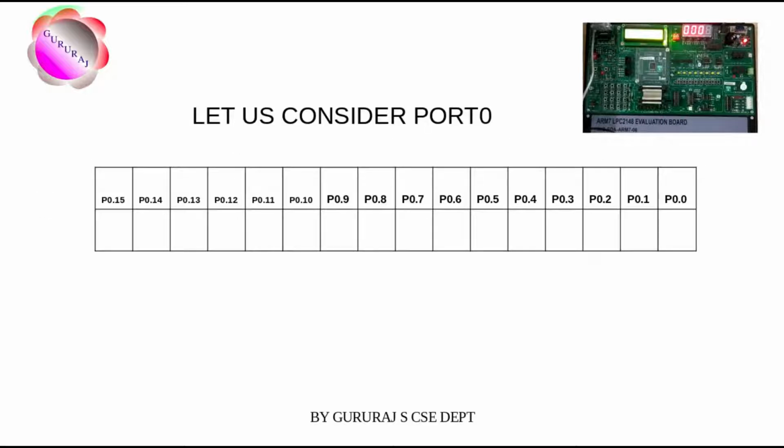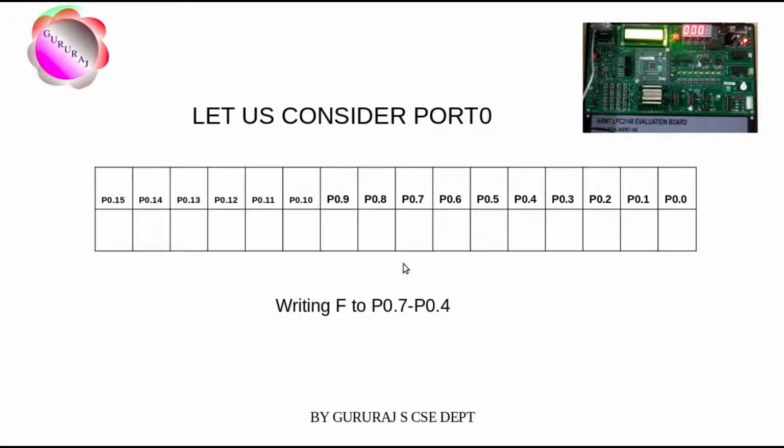So let us consider port 0. As I told, port 0 is a 32-bit port. I am considering the lower 16 bits of port 0, that is P0.0 to P0.15.